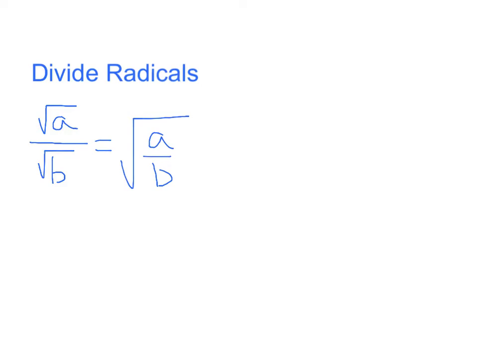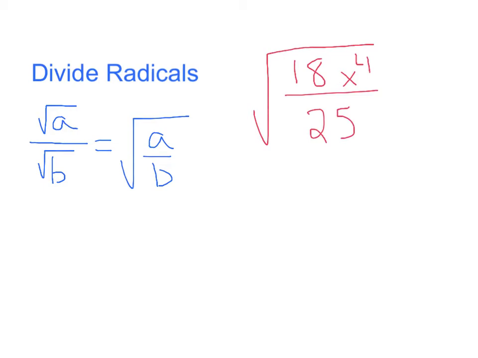Okay, example number 2 is the square root of 18x to the 4th divided by 25. Let's see, what do I have? 25 is a perfect square, x to the 4th is a perfect square, but that 18 is not, but it can be simplified because it has perfect square factors. I'm going to break this apart.